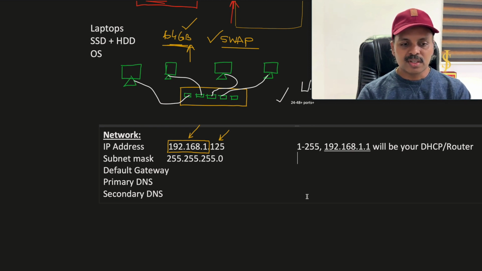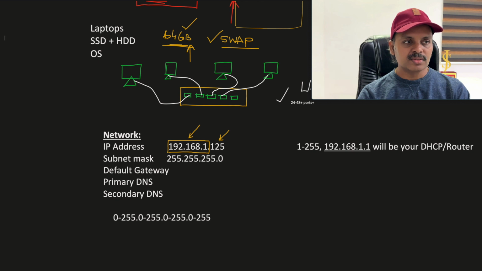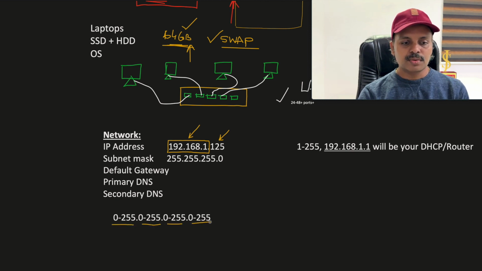So now, one more basic thing we should understand. Any network address should be between 0 to 255, then dot, 0 to 255, then again dot, 0 to 255, dot, 0 to 255. It will be in 4 sets as you are seeing there: 1, 2, 3 and 4.